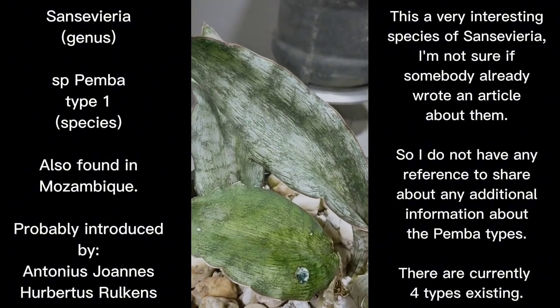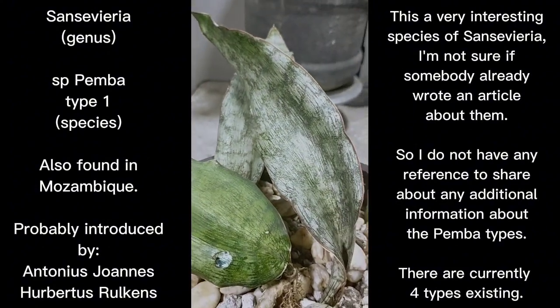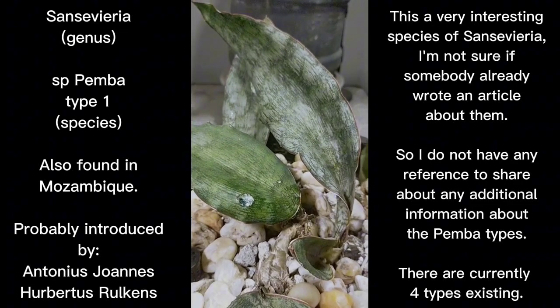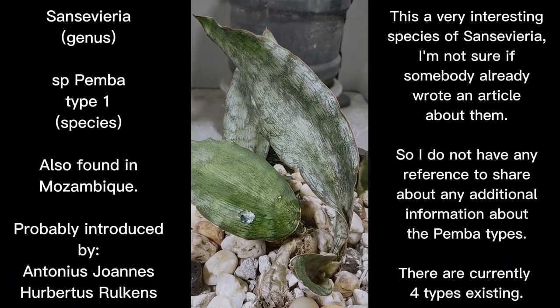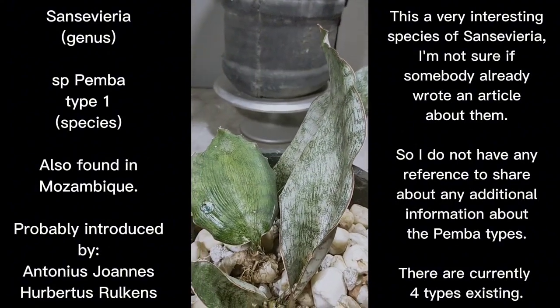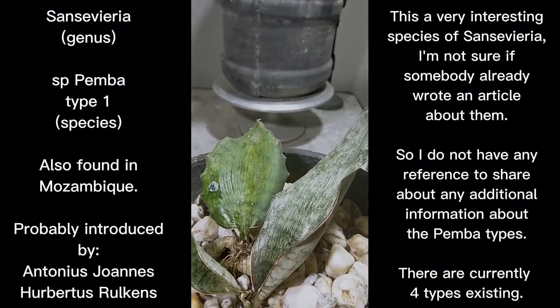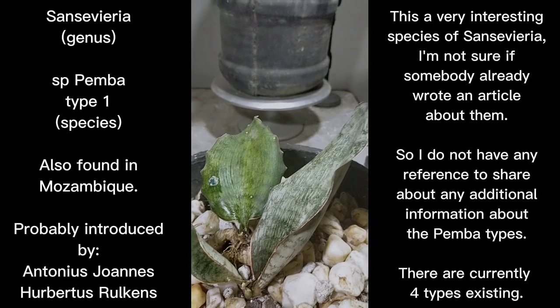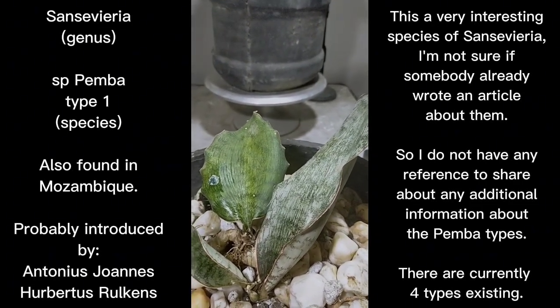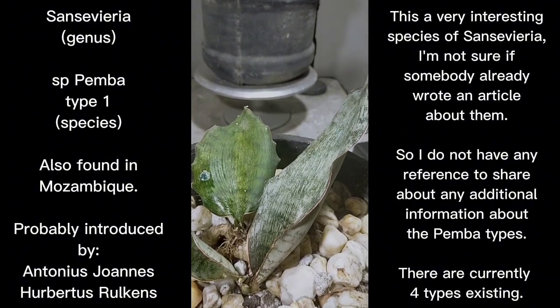This is the first one that was introduced among the Pemba types, and in the market it is known as Sansevieria Pemba type 1. It can be written as Sansevieria, then SP, which means species, then Pemba, then to signify which type, the first type that came out.